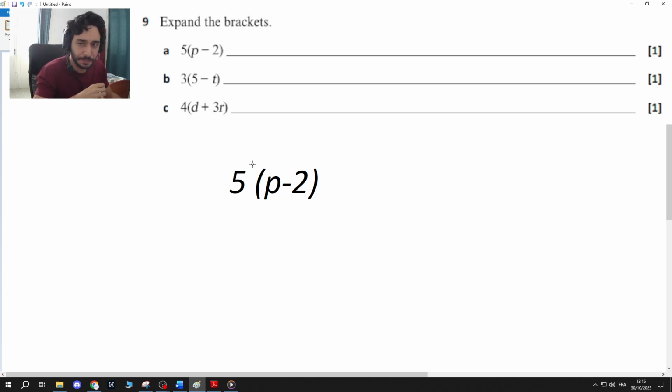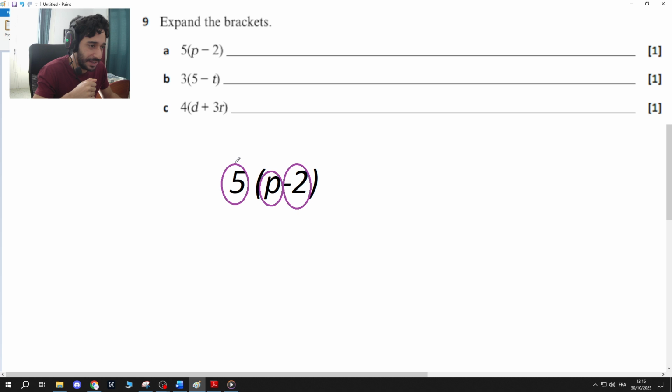So first of all, you can do this on your draft paper. Circle all the terms. So you have 5, you have p, and you have -2. When I'm circling the number or the variable and the sign next to it, this is very important because my next step would be this.